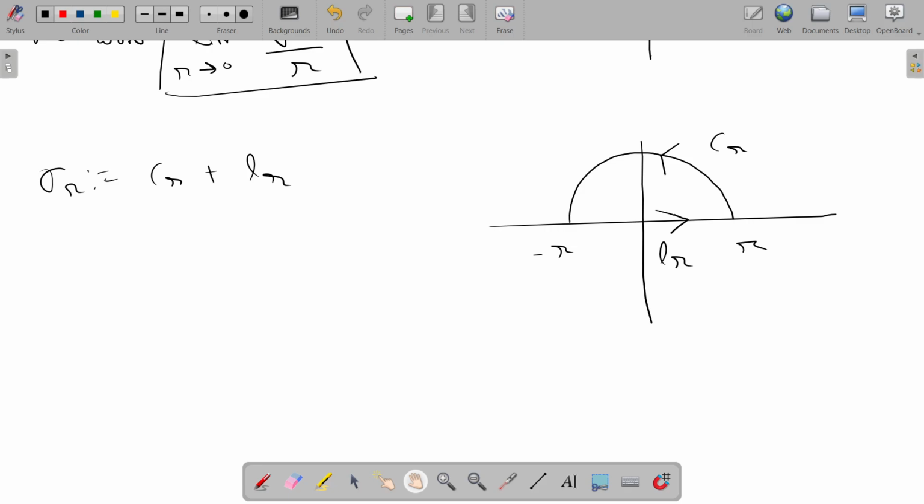There is a reason we did this. Let us find the integral over gamma R of sin z by z dz.